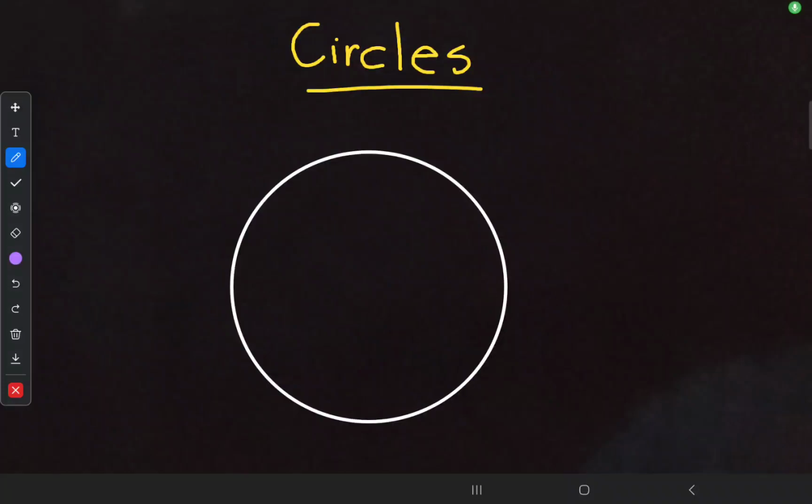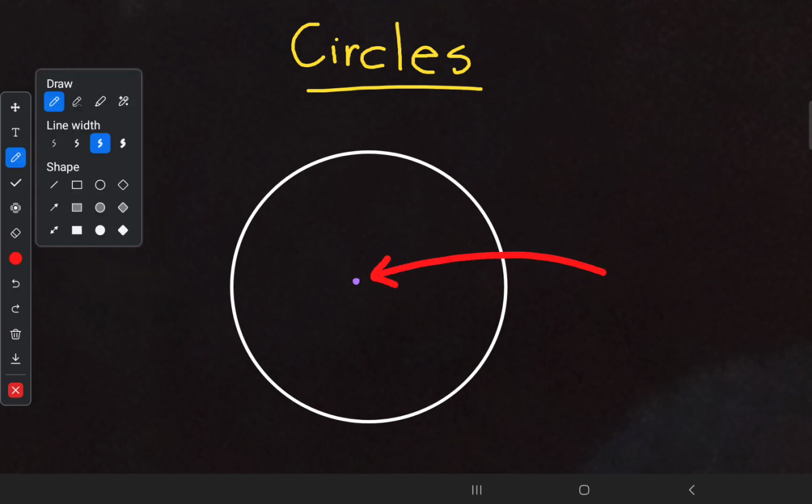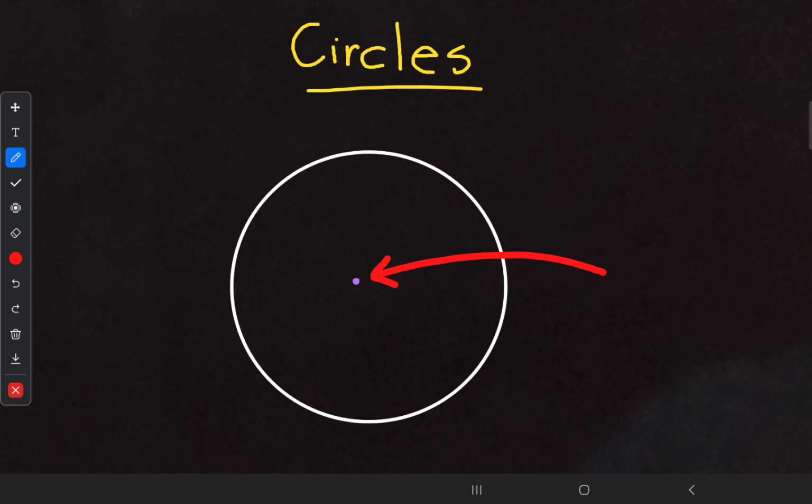First of all, in the circle, the center point of this circle is indicated by using a dot. We can name that particular dot which we use to draw the circle as midpoint or center.